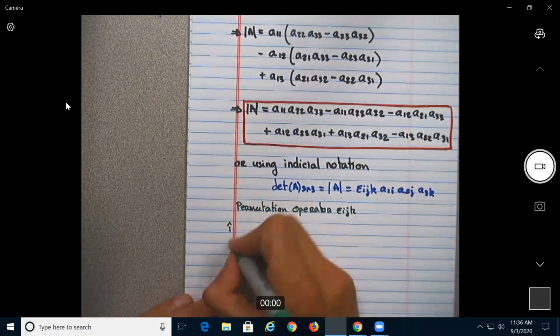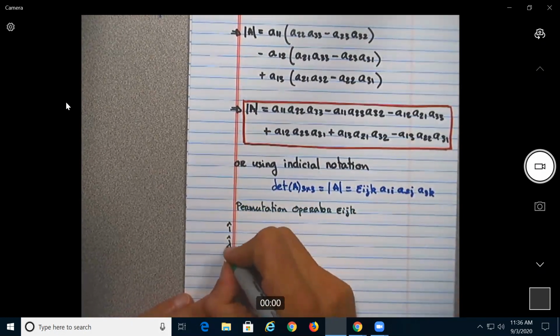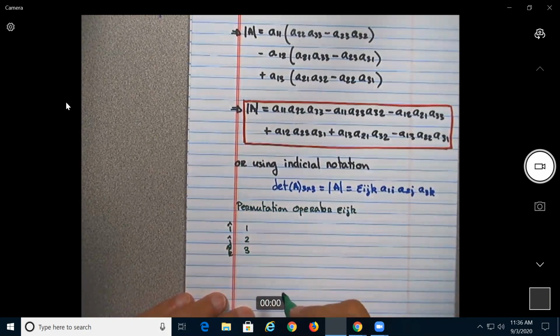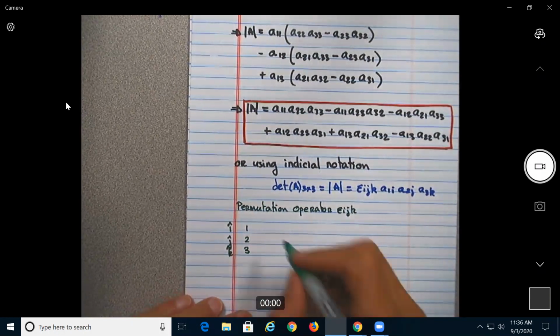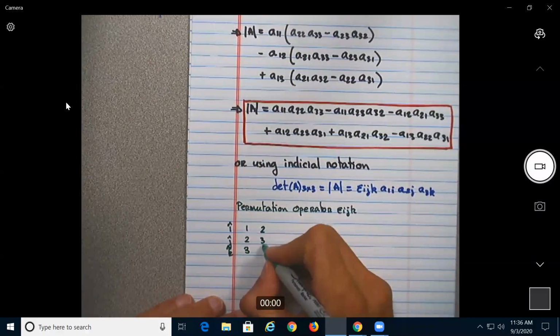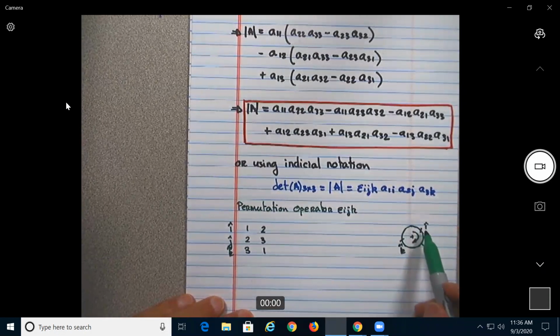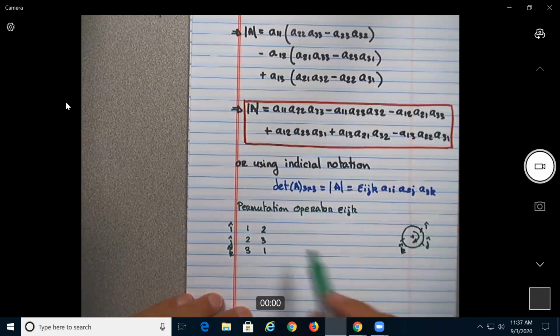You have here i, j, and k, and the different permutations you can have are 1, 2, 3, 2, 3, 1, or 3, 1, 2.